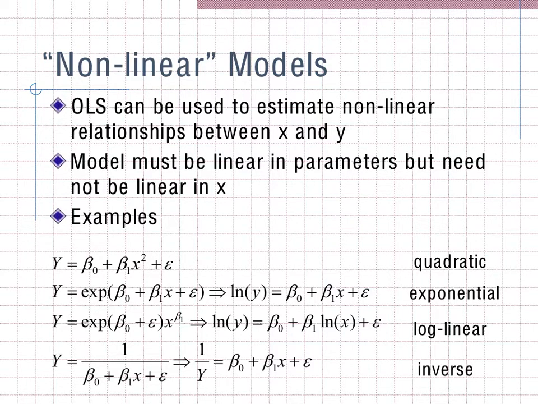So we have this expression, and by using the inverse y values in place of the original y values, we can again estimate a model using the conventional ordinary least squares estimates.